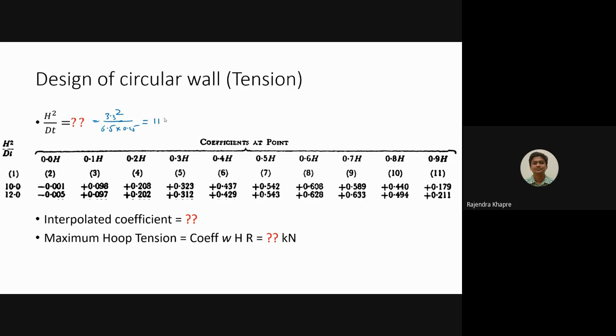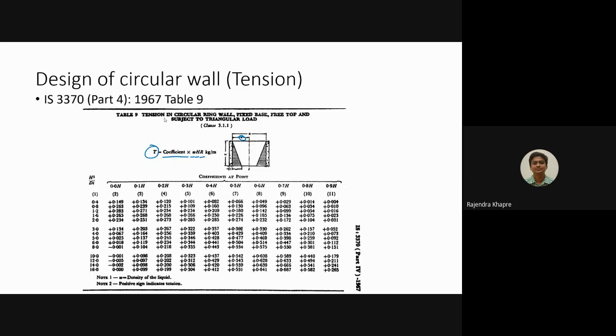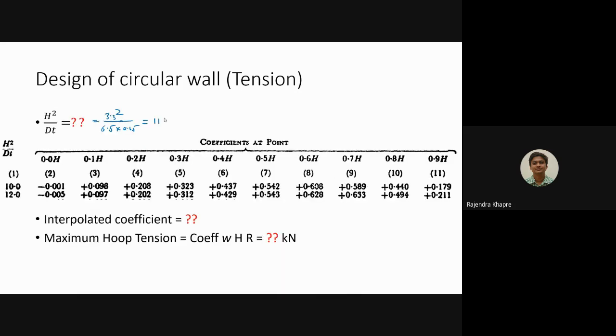Now you have to find out the maximum coefficient. Because if you see this equation, T, the axial tension, can be calculated as coefficient multiplied by W into H into R. Which coefficient do you take?